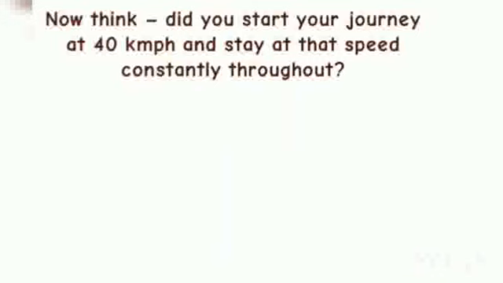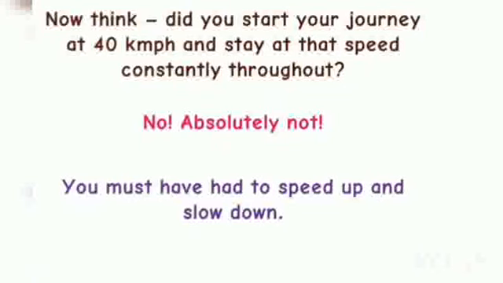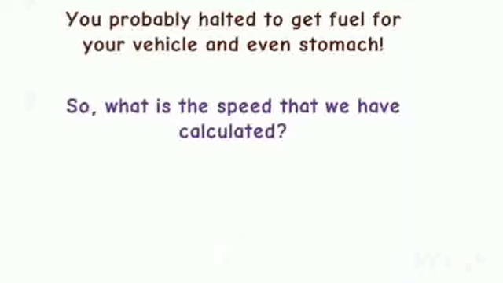Now think, did you start your journey at 40 km per hour and stay at that speed constantly throughout? No, absolutely not. You must have had to speed up and slow down. You probably halted to get fuel for your vehicle and even for stomach, food.